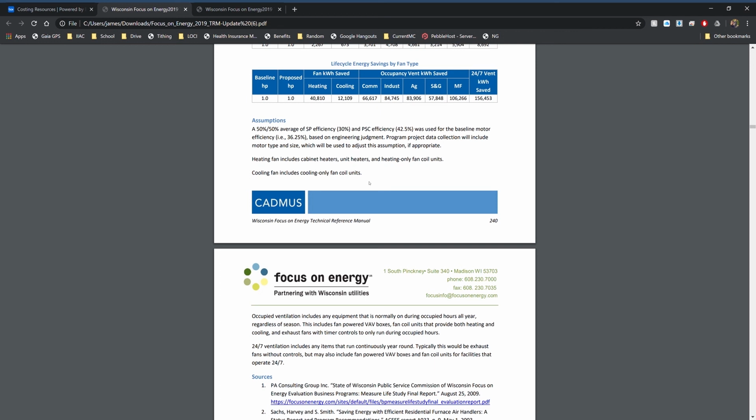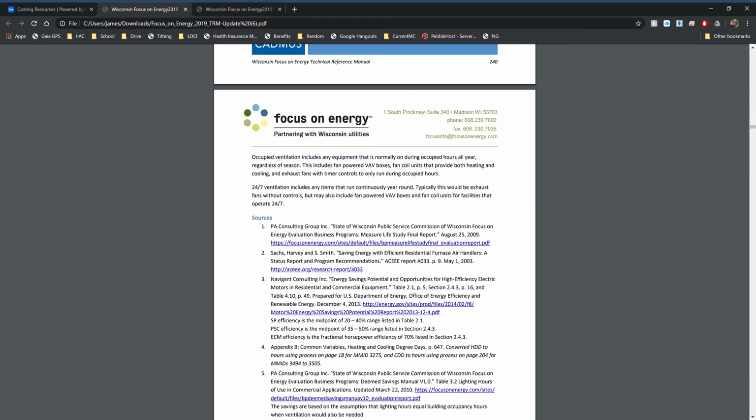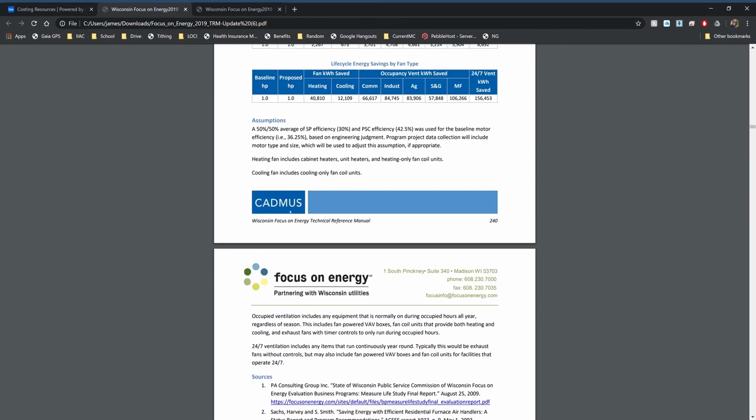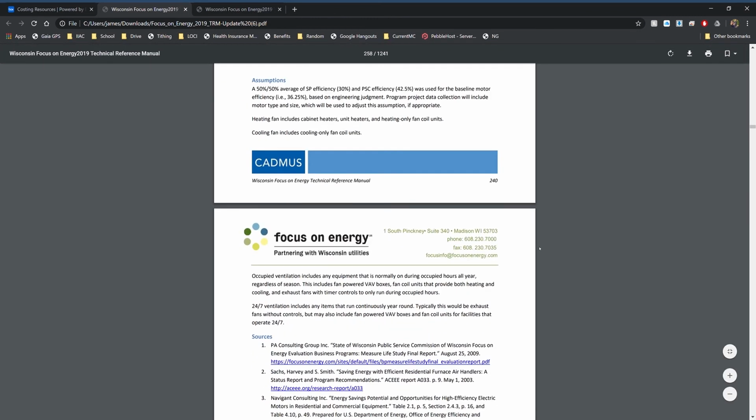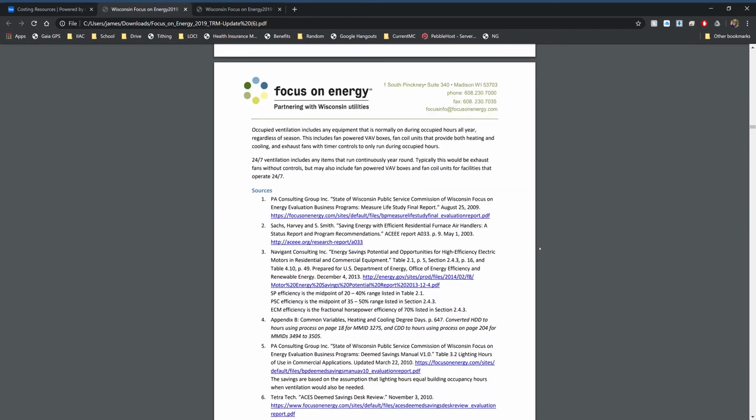For example, if you don't know anything about SP or PSC motors, you can come here and read that they're on average 30% efficient, 42.5% efficient, and these will often have better sources listed down here. So take a look at these assumptions on your AR, and they might give you some good places to start.